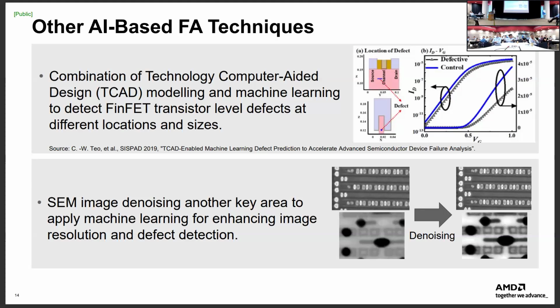Another area that has been of interest to the team is SEM image detection of defects, where you do overlays and see whether you can spot any defects in the top view. Maybe some denoising is required, because when you get down to the nanometer range of imaging, there is a lot of noise.